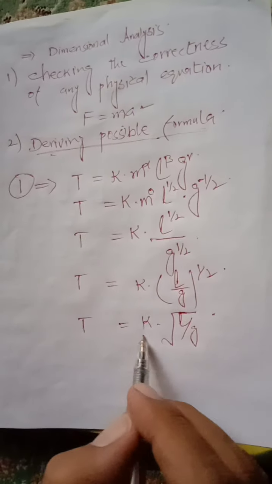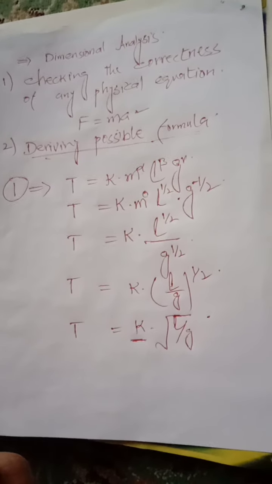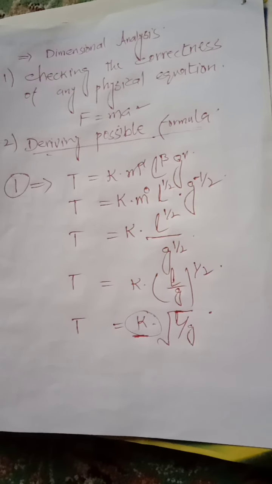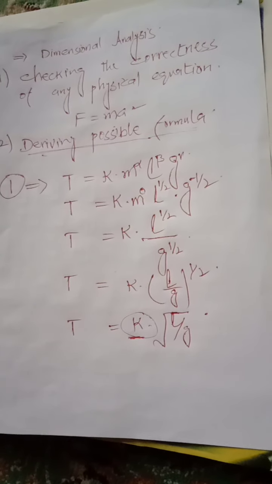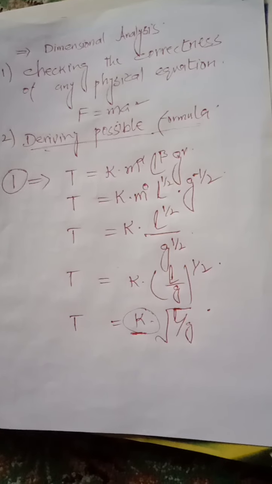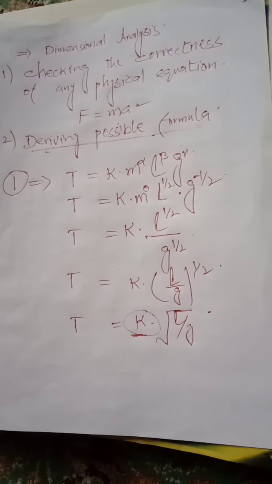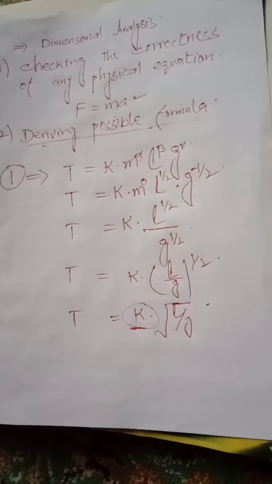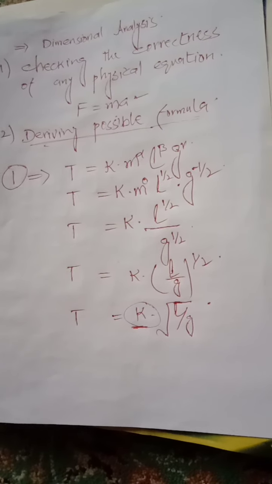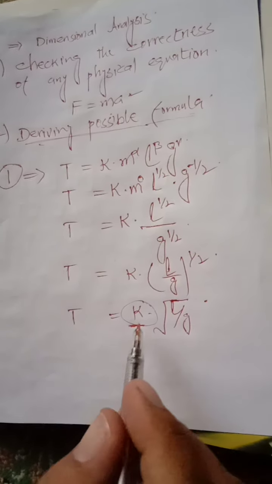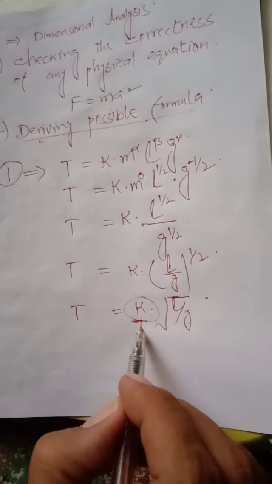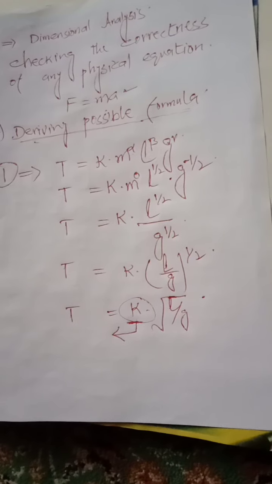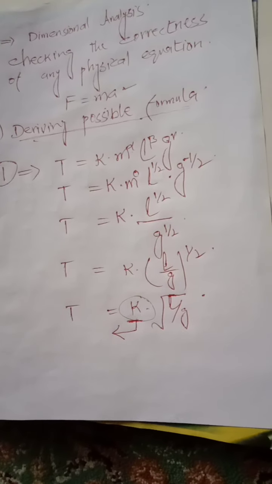Now, this is not actually the formula for the simple pendulum because we don't have the value of k. So there are some limitations of dimensional analysis. Through dimensional analysis, we can derive any possible formula, but dimensional analysis does not give us information about this proportionality constant.